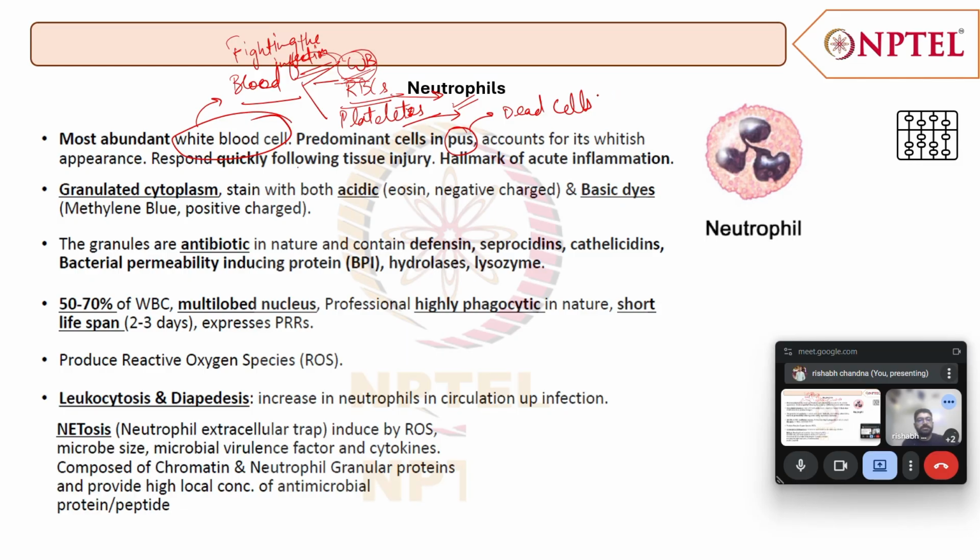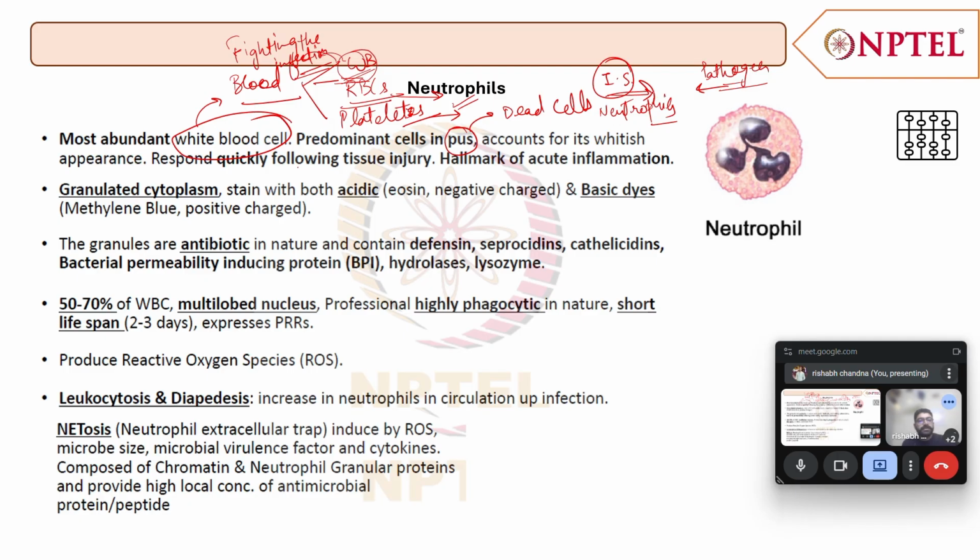cells. Whenever a pathogen or any foreign substance comes, there is a fight between two sides. First is our immune system, and the second is the pathogen. The immune system first activates the neutrophils to fight with the pathogen.